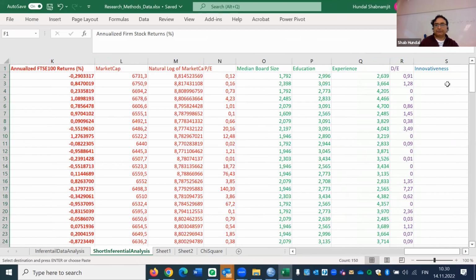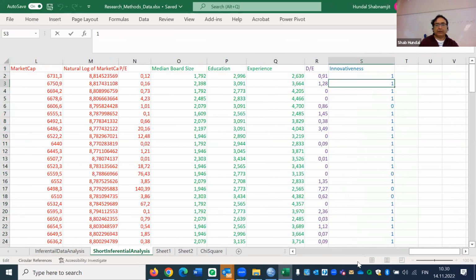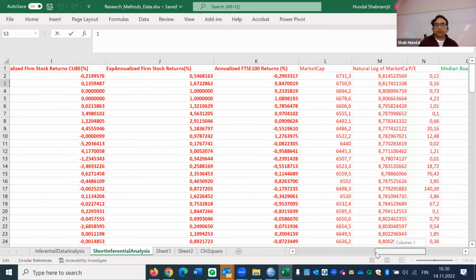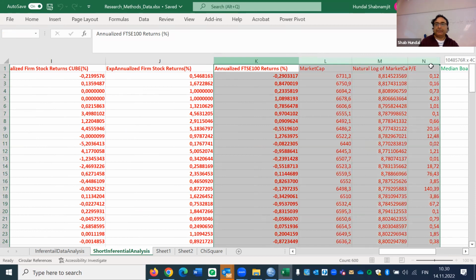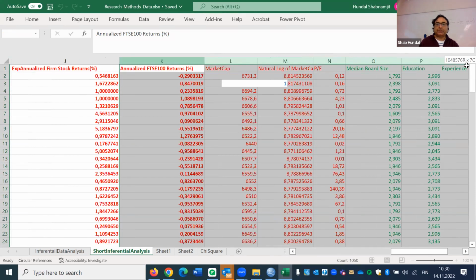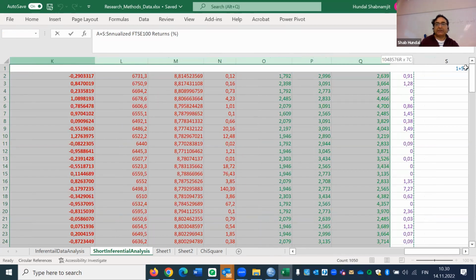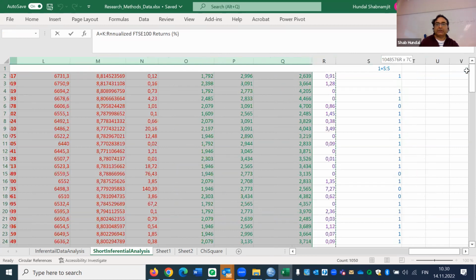For example, the annualized FTSE return, because this is the index. So I choose from column K. Then the price to earning ratio, the median board size, and so on and so on.